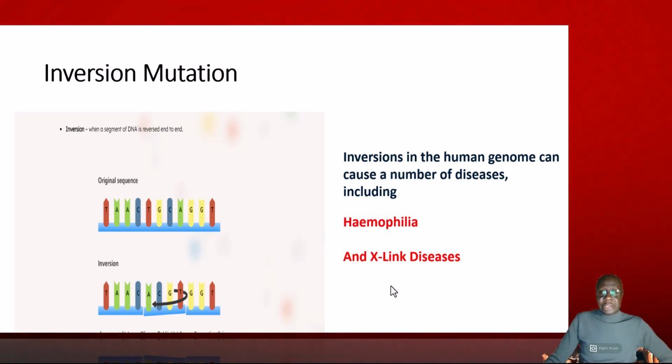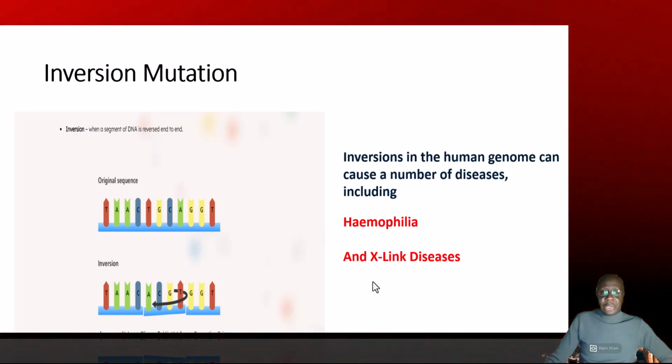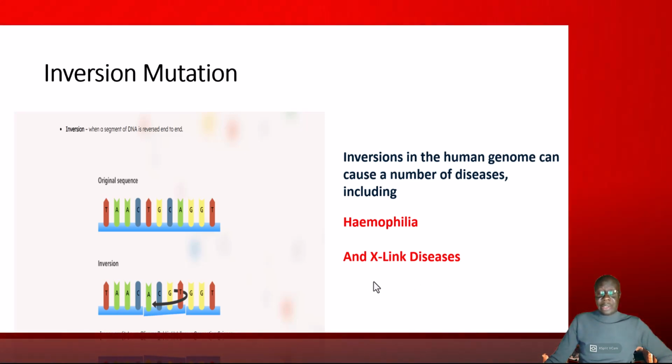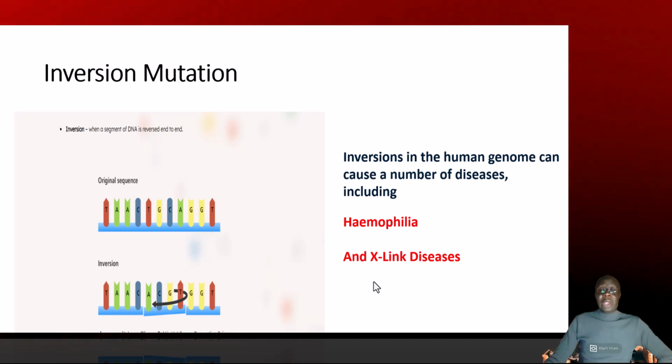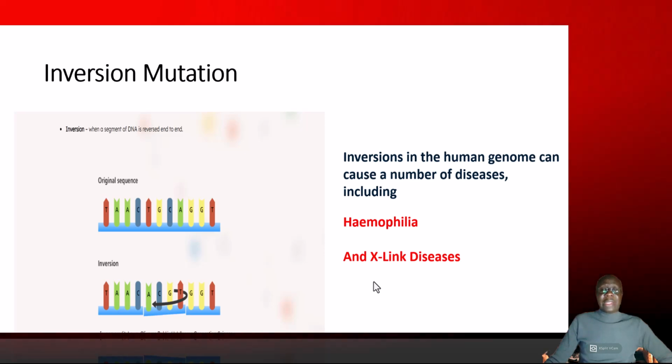The X-linked disease is something that we're going to discuss next in this program, and it is a disease that is found in the X chromosome of a woman. The male can only pass a Y chromosome.